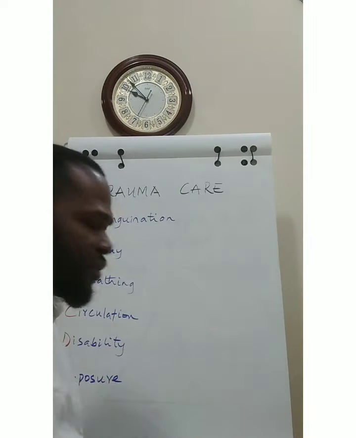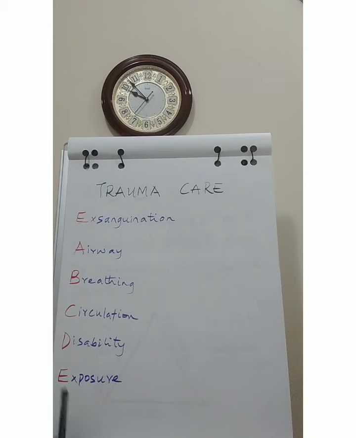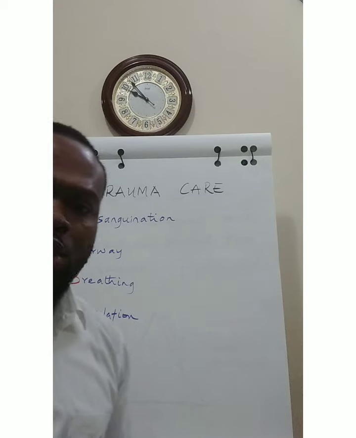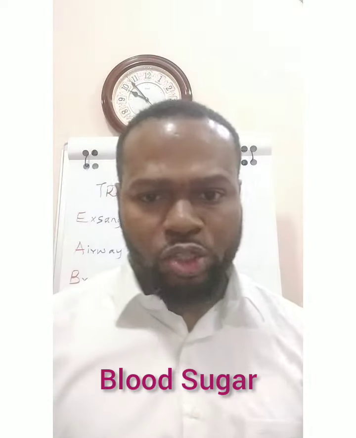So the level of consciousness is used to evaluate, we use the disability criteria to evaluate that, the level of consciousness. And then also for disability, we'll also include checking the blood sugar level.